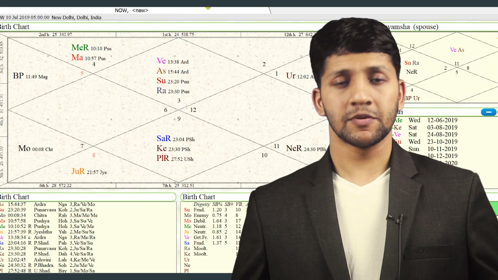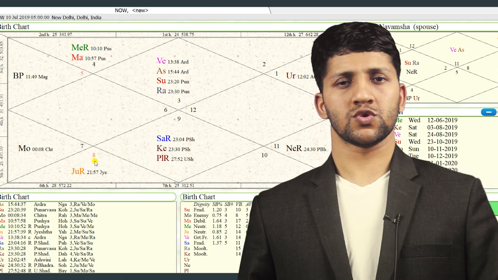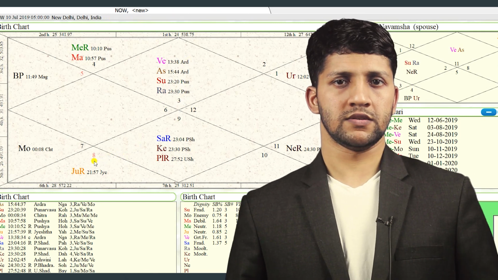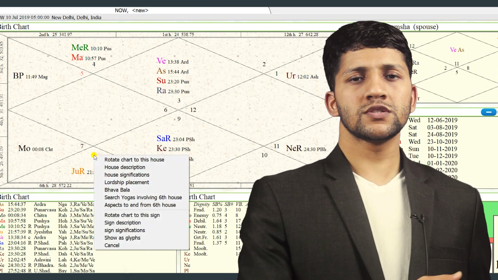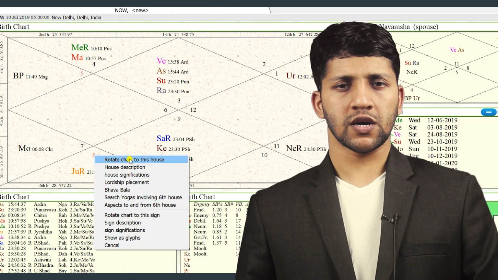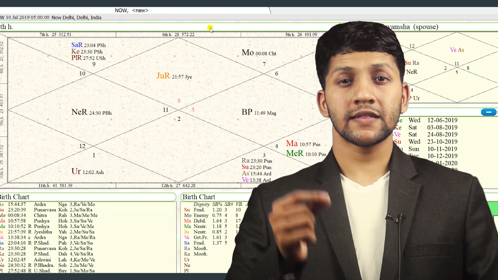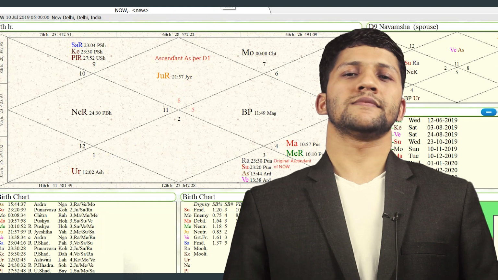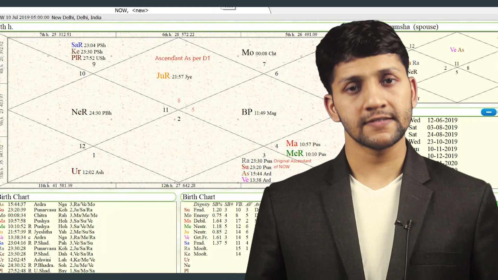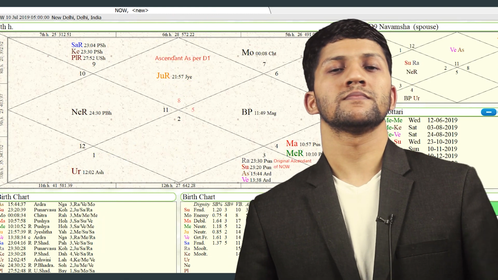Suppose right now if you cast the horoscope, it is coming as Gemini ascendant. Now go to your horoscope. Suppose you have Scorpio ascendant. Then you have to come to this chart and make Scorpio your ascendant. Yes, this is step number 2.